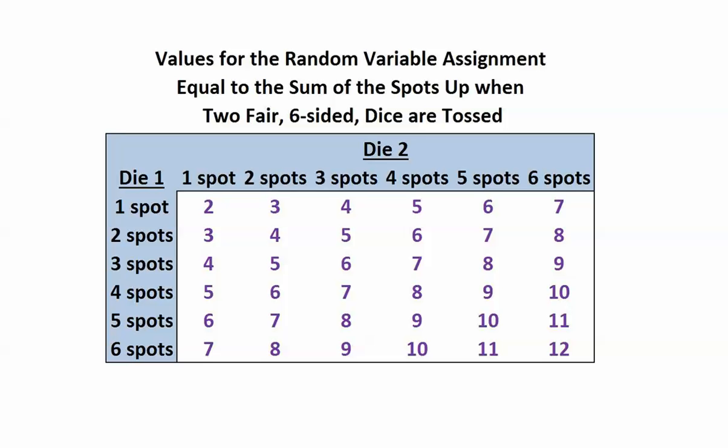Let's look at how we can continue with the same example, tossing 2 fair dice, and I'm observing the spots that are up on each of the 2 dice, and my random variable assignment is to add the spots.